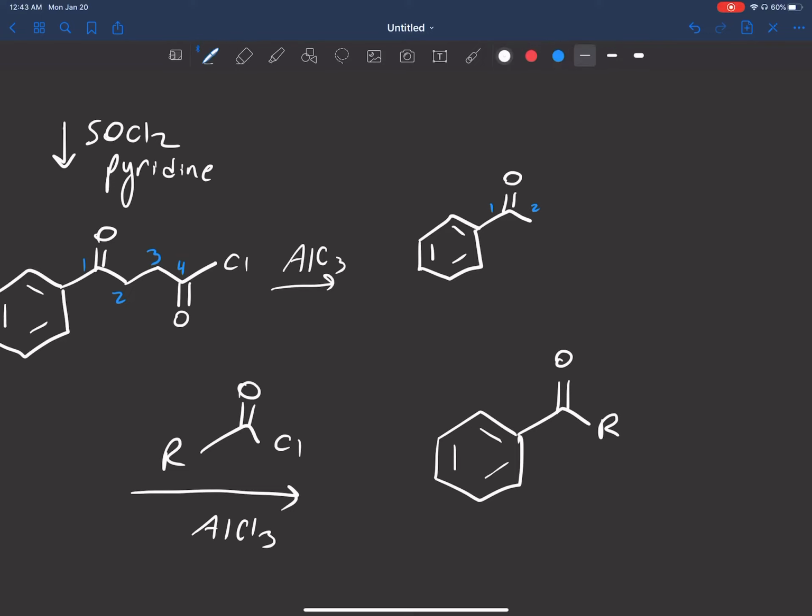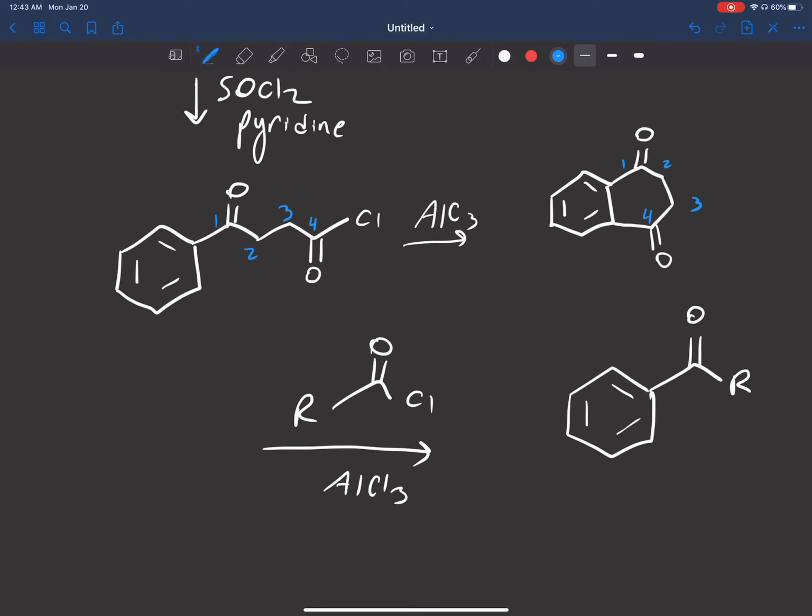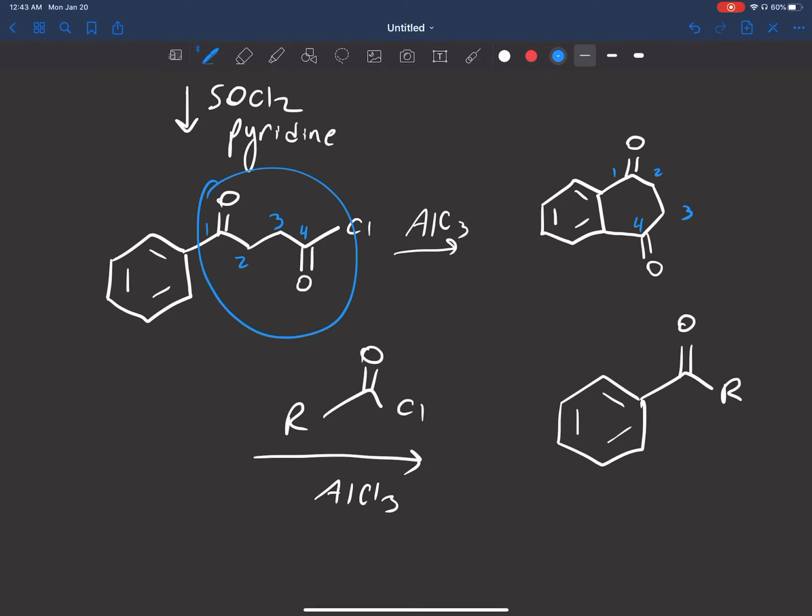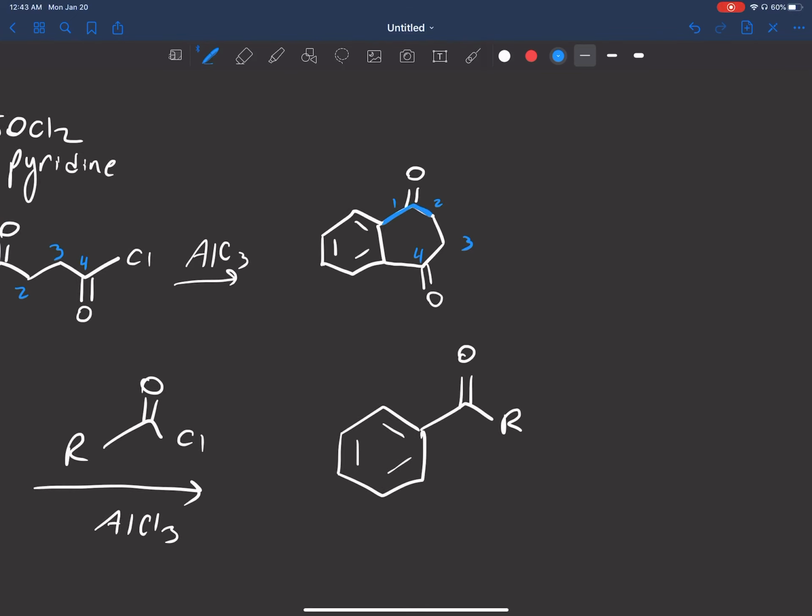Trying to make it a little bit easier to see. 3, 4, and bound to this guy. And on carbon 4, we had a carbonyl. And so when we had these 4 carbons right here, we created this 1, 2, 3, 4, 5, a 5-member ring.